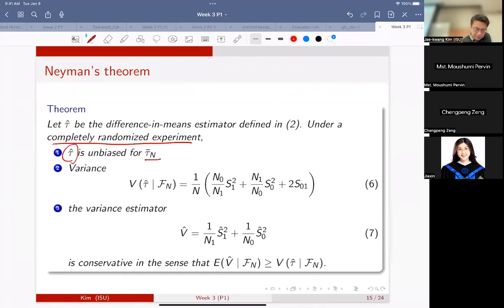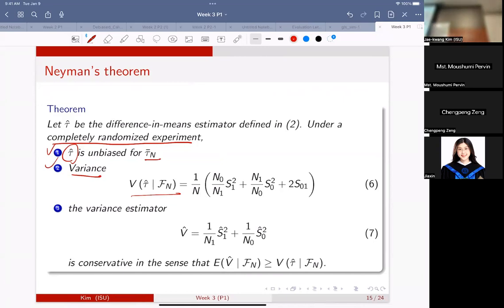That's already proved, right? And the variance is this one. That's also already proved. So these 2 parts we already covered. The third part is not covered yet.